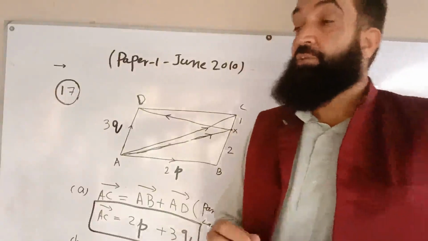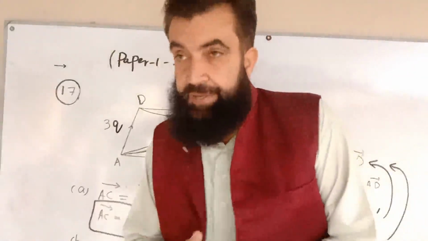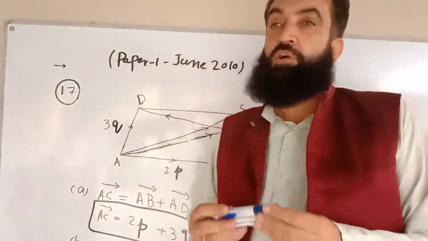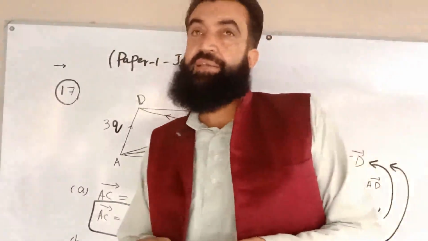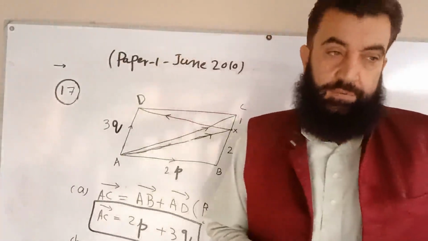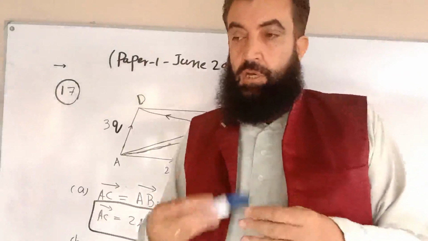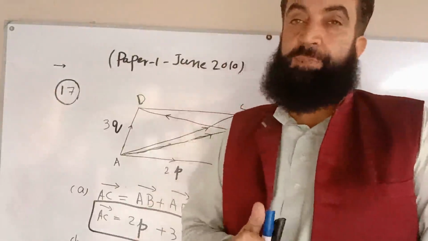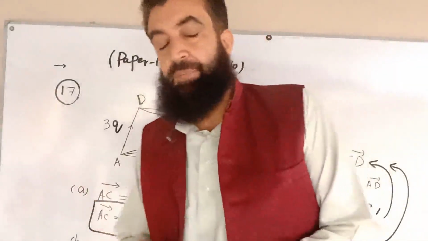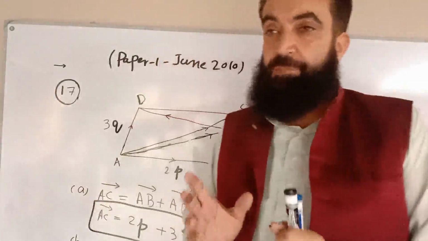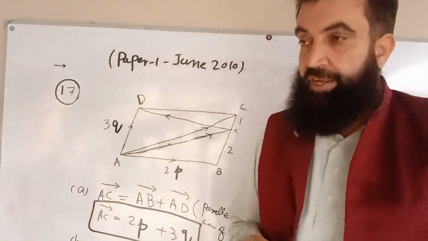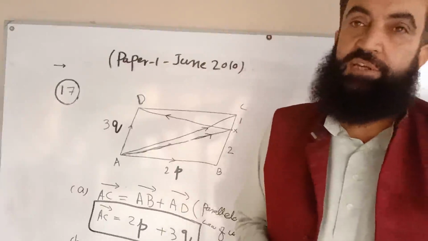Today we have covered 3 very important topics of O-level mathematics. These topics are often asked in paper 1 and paper 2, but we have solved paper 1 questions. First was angle properties of circle, in which we discussed 3 properties.